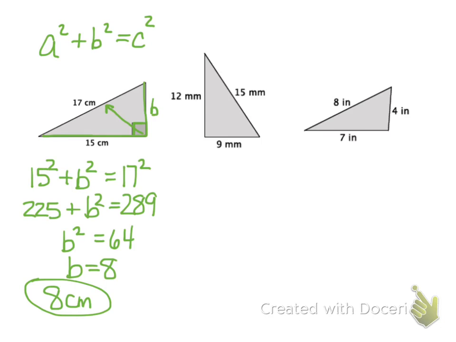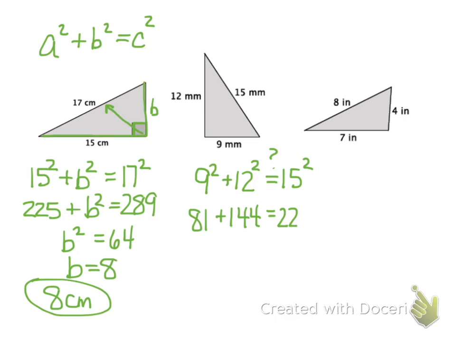So I'm going to take 9 squared plus 12 squared, and I'm going to ask myself, is that equal to 15 squared? And if it is, then I'll know that I can say that that's a right triangle, but I can't until I know that. So this is 81, this is 144, and this is 225.